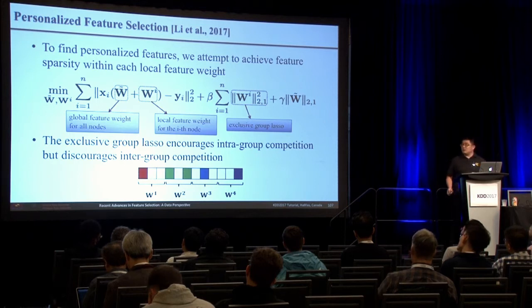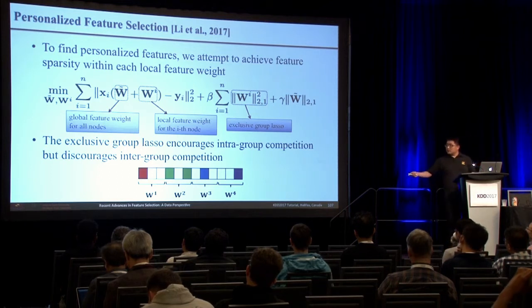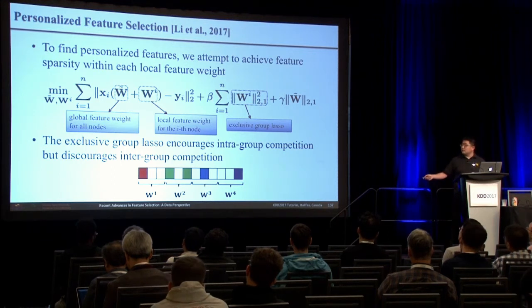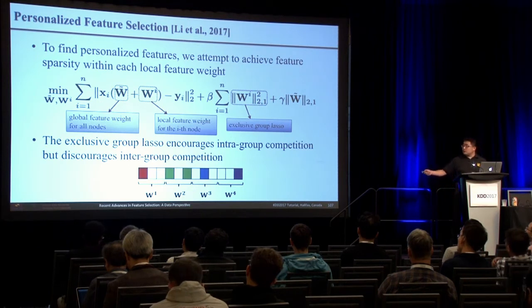Second, it discourages inter-group competition, so the selected features will be evenly distributed over different groups. In this case, for different user groups, we can at least find one feature for each group, and these features are the personalized features for each individual.